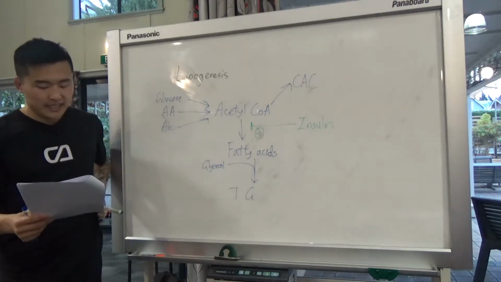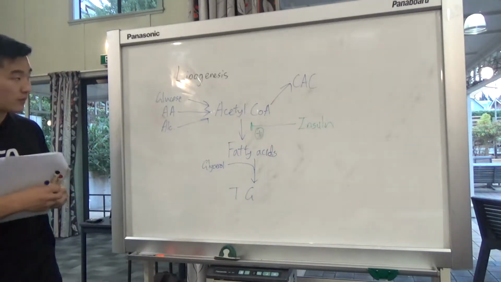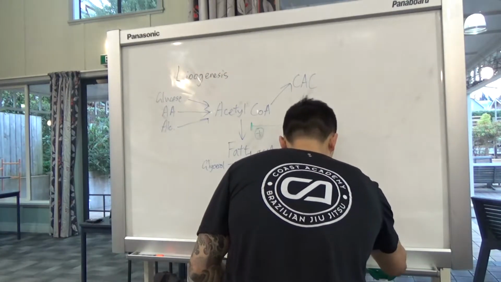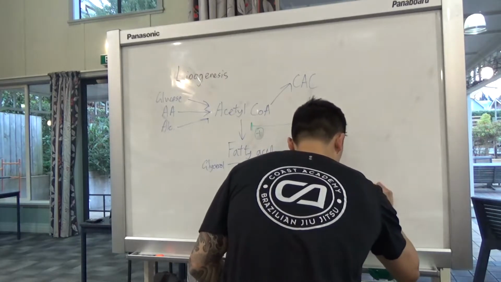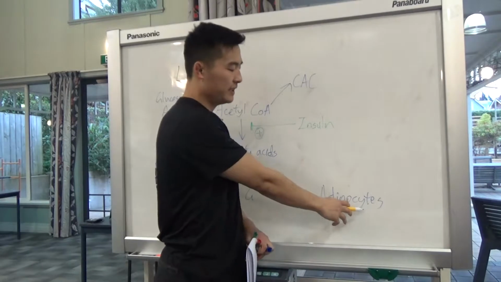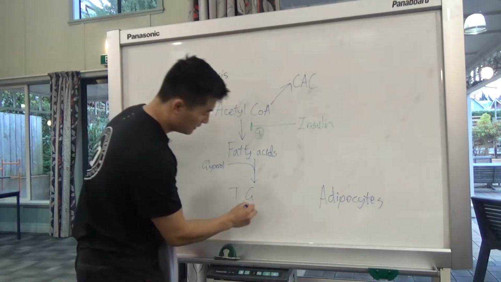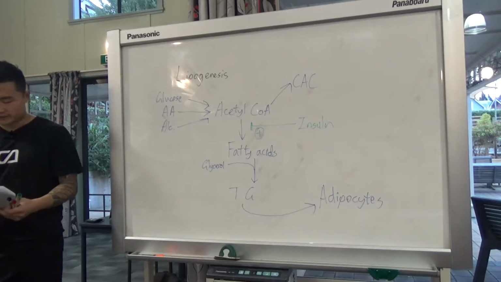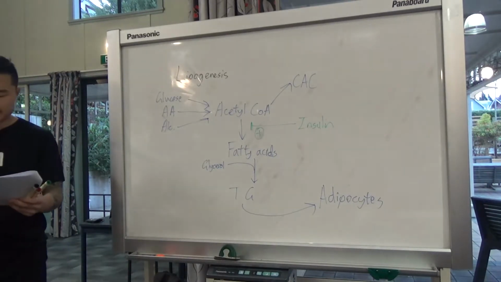So adipocytes. Spell that out. Adipocytes. So adipo means fat, cytes means cells. So fat cells can take up those triglycerides for storage from the VLDL and chylomicrons.